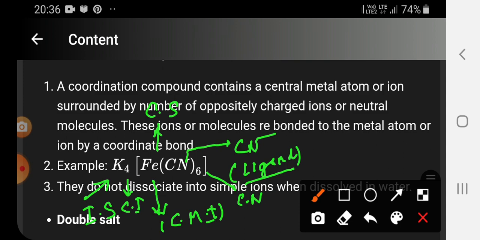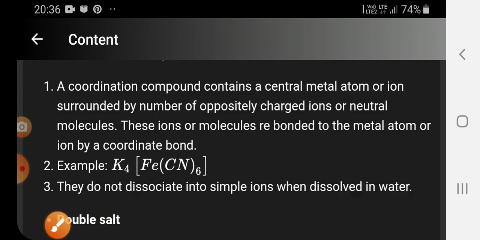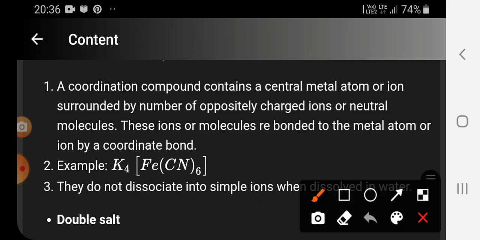And if we try to find out the oxidation state of the central metal atom or ion, we can find it like this. Potassium carries plus 1 unit positive charge, Fe represented by X, CN carries 1 unit negative charge.